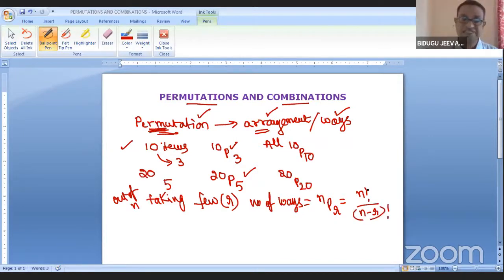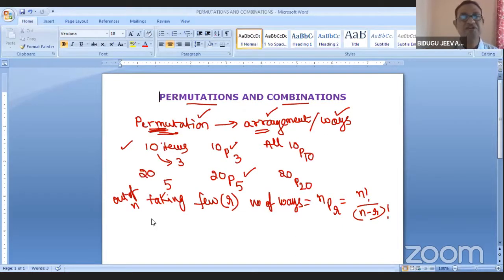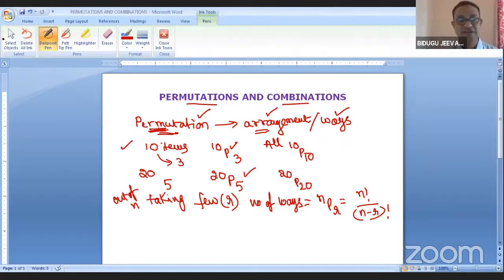Factorial means successive reduction. Are you following my point? Now similarly, out of n items, taking all items, all in the sense n, number of ways is equal to nPn. Let me substitute r with n: n factorial by (n minus n) factorial.